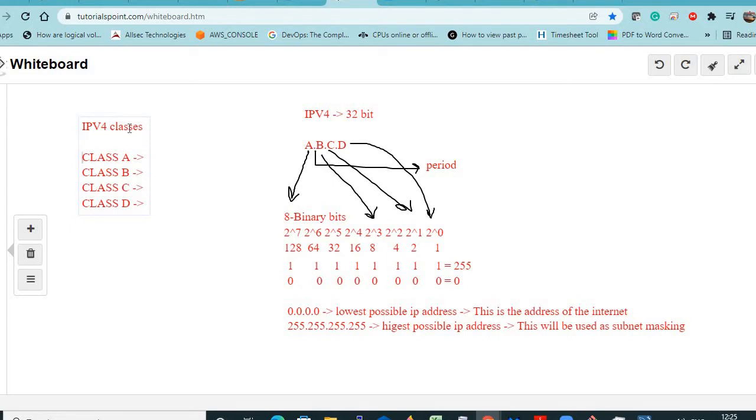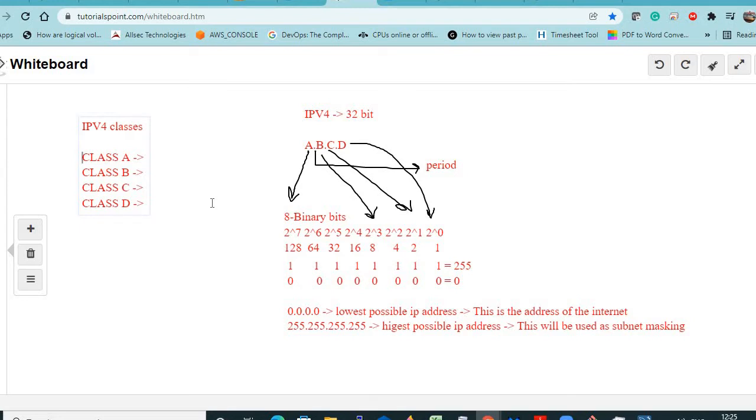Okay, anybody having this idea? Hello, sir. Yes, Raj, tell me. Sir, one second, sir, question. No, see, in the initial days, IPv4 classes were divided into groups. Can you tell me what are those groups?